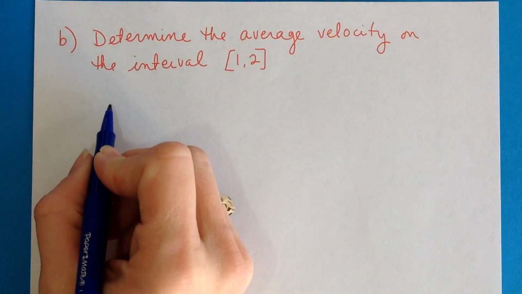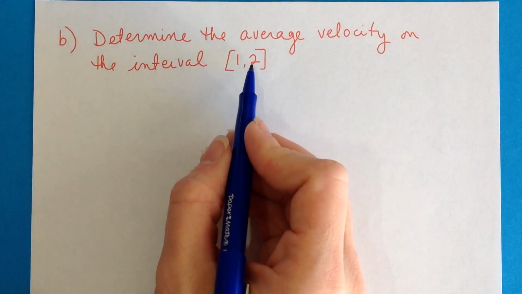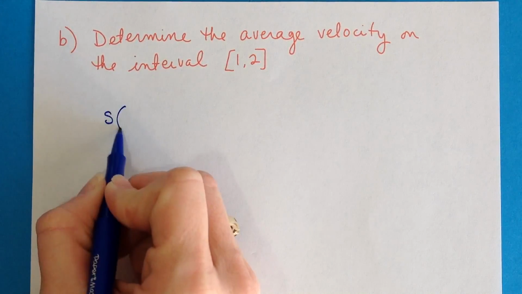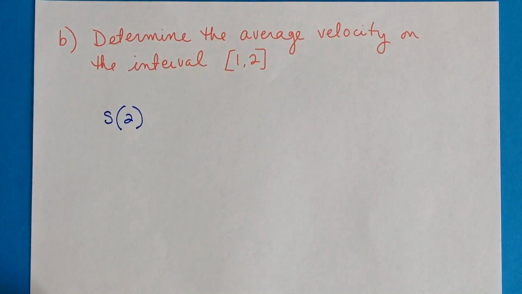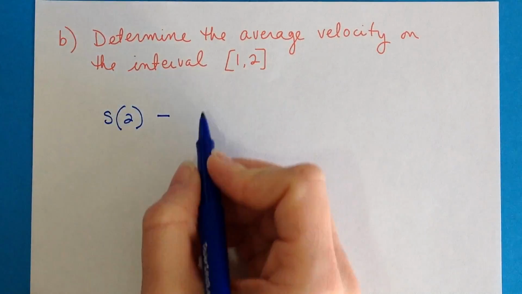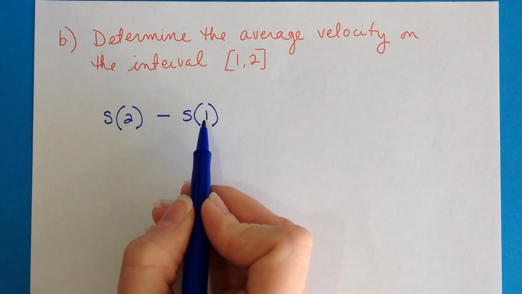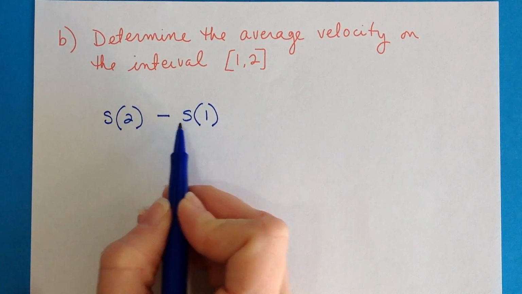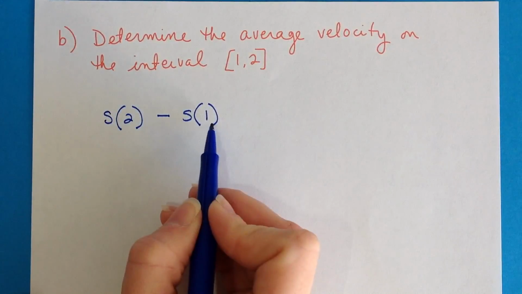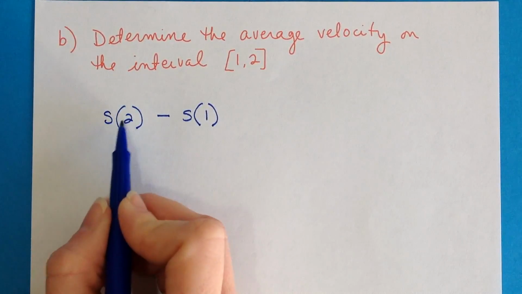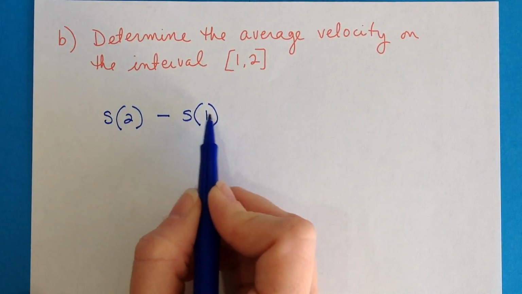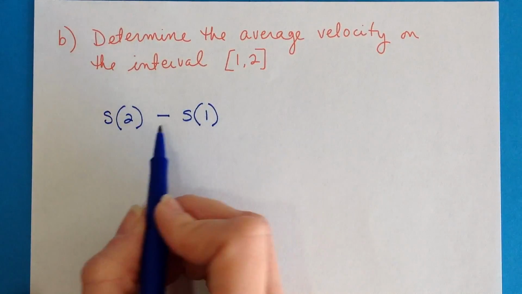All right, so you would need to actually substitute the 2 into the position function, subtract from that what you get when you substitute 1 into the position function. So this is how you would find your change in your distance. You would want the position at 2 seconds, and you'd want the position at 1 second, and then subtract.